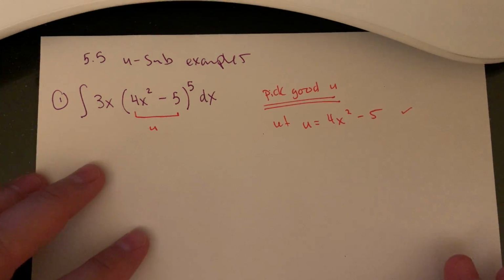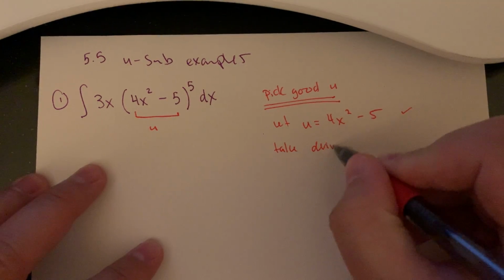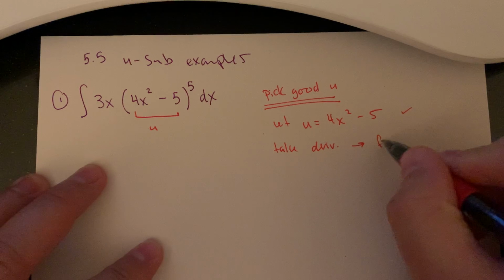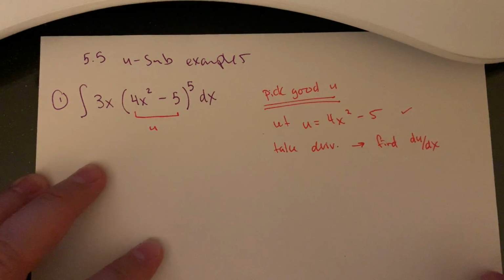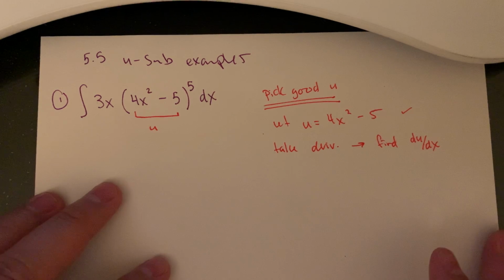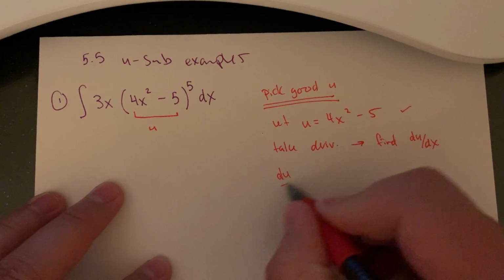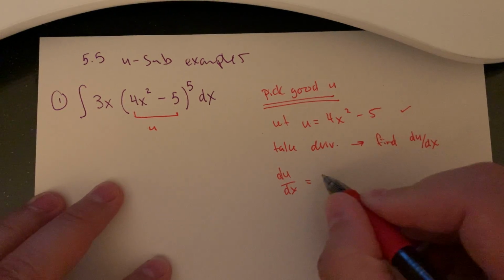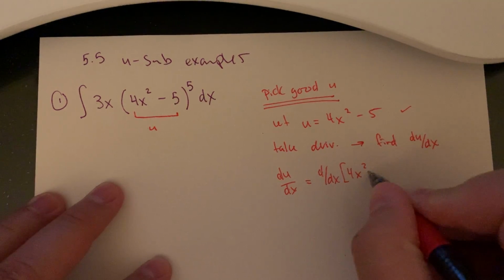The second step then is take the derivative. In our notation, that means find du over dx. Du over dx just means the derivative of U with respect to x. So take the derivative of whatever I just labeled.